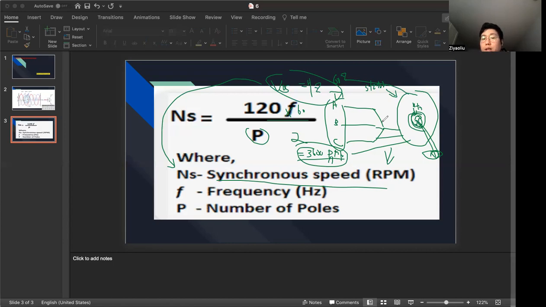But synchronous means the speed is the same. To make a rotor's field and the source frequency the same, we say synchronous. For example, if it's 3600 RPM and the source is 3600 RPM, we say this is synchronous, same.